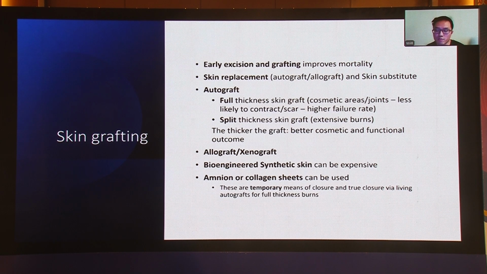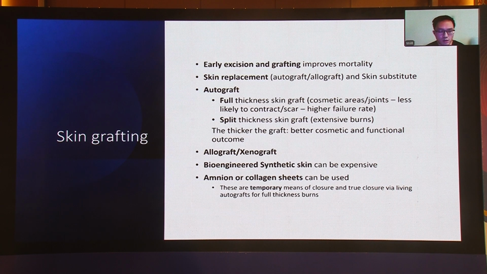The sheet grafting has less scarring, allows better range of movement of the affected joints and better cosmetic outcomes, but is more likely to develop seromas or hematomas, which can threaten the graft viability. Allograft and xenograft, so that's using other people's skin or using animals.